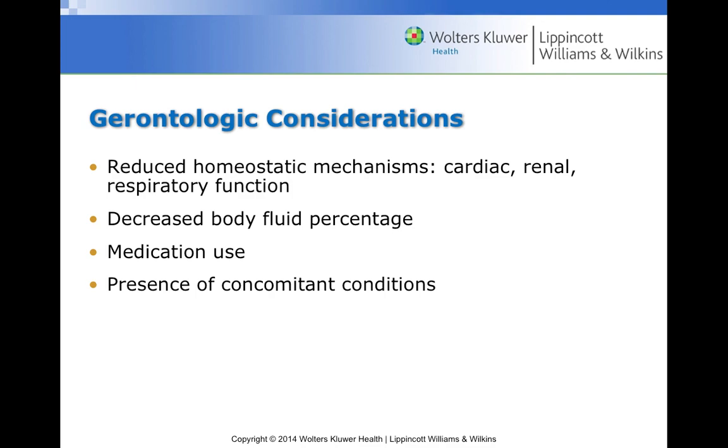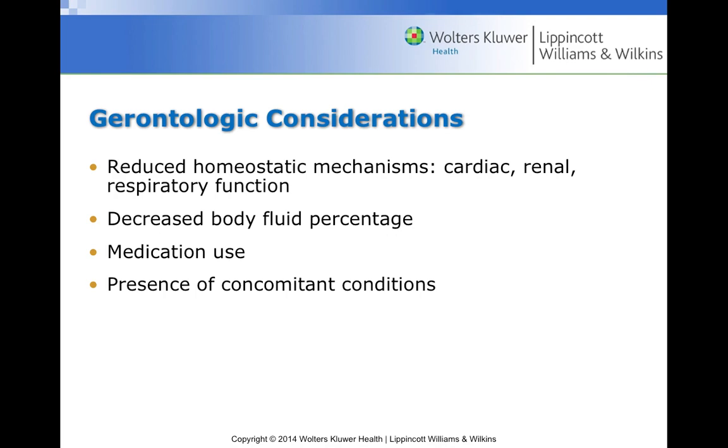Dehydration is the rapid loss of more than 3% of body weight owing to the loss of either water or sodium. Dehydration in older adults is common because of the decreased kidney mass, decreased glomerular filtration rate, decreased renal blood flow, decreased ability to concentrate urine, inability to conserve sodium, decreased excretion of potassium, and decreased total body water.